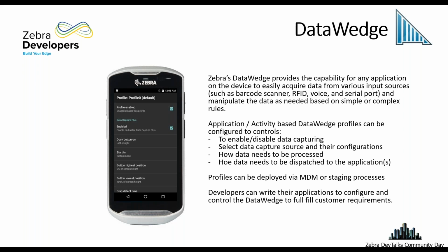The other option is intent output, where standard Android intent APIs will be received by the application with the data, and you can process them as you wish and consume them in your application with minimal effort in coding.